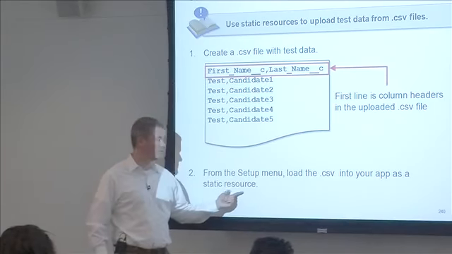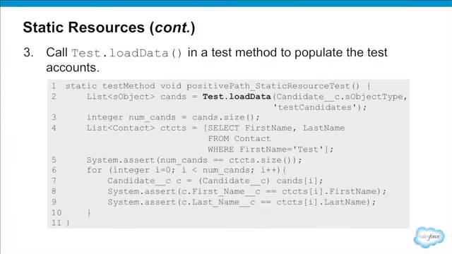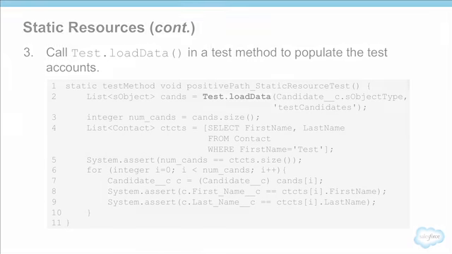Okay? So when we would have uploaded this CSV file into static resources, we would have called it testCandidates, and now we refer to it by its name. What this will do is take the CSV file, parse it, and then deserialize it into, in this case, our list of sObjects, which are candidates. Okay.